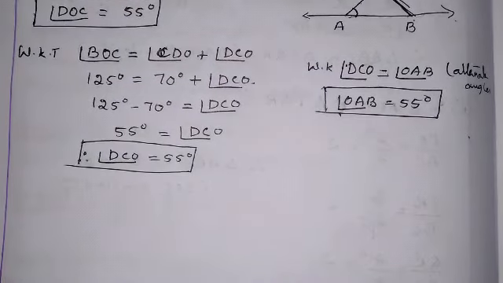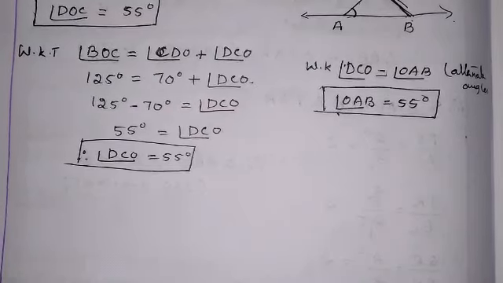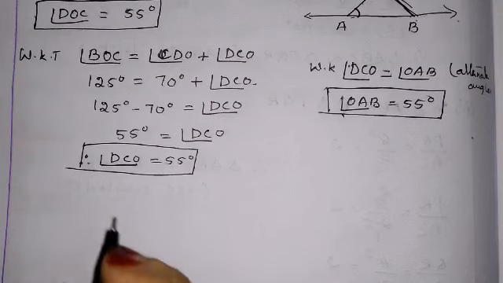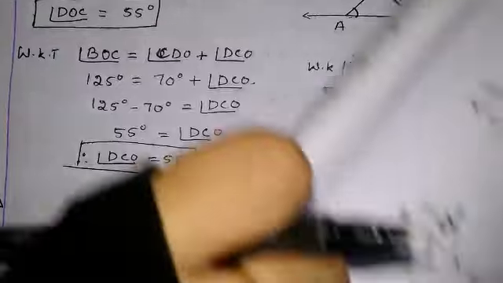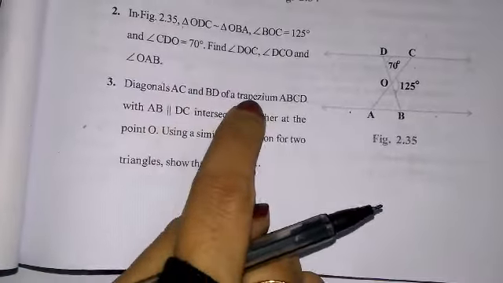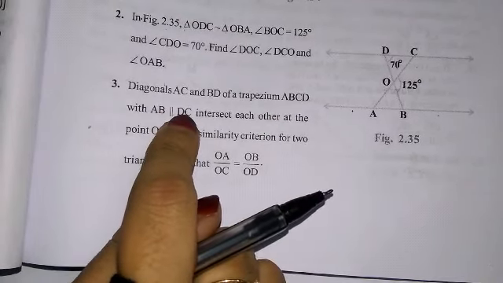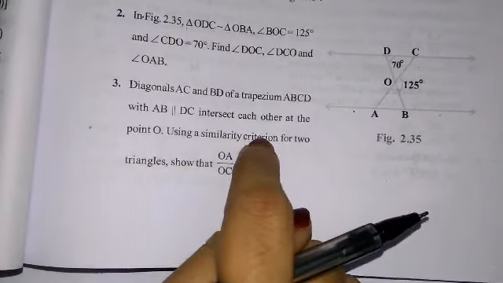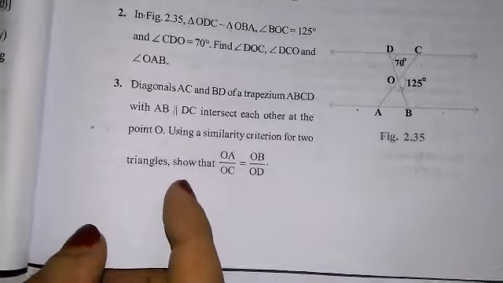Okay. Now similarly, let us do the next one. Third one. Let me show you the question. What they have told: diagonals AC and BD of trapezium ABCD with AB parallel to DC intersect each other at point O. Using similarity criteria for two triangles, show that this.